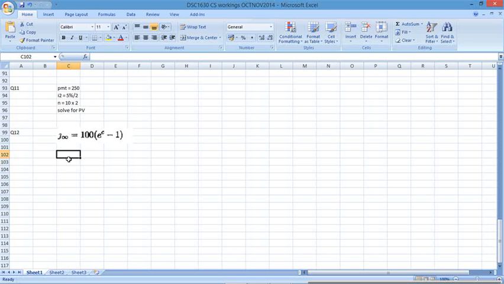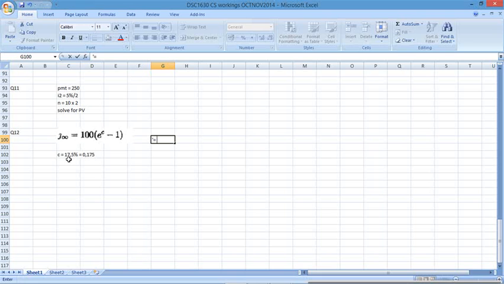Alright, so I should have put in the C, not the N. The C in this particular question was given as 17.5%, which is 0.175. I'm going to insert that where my C is, and I'm going to solve for J infinity.